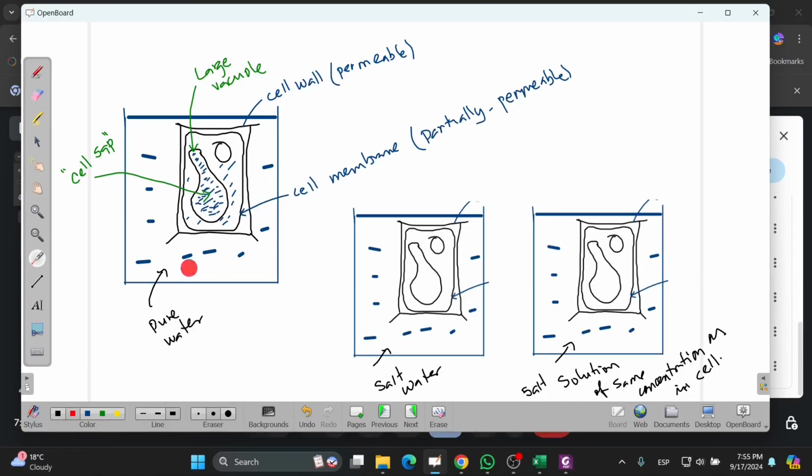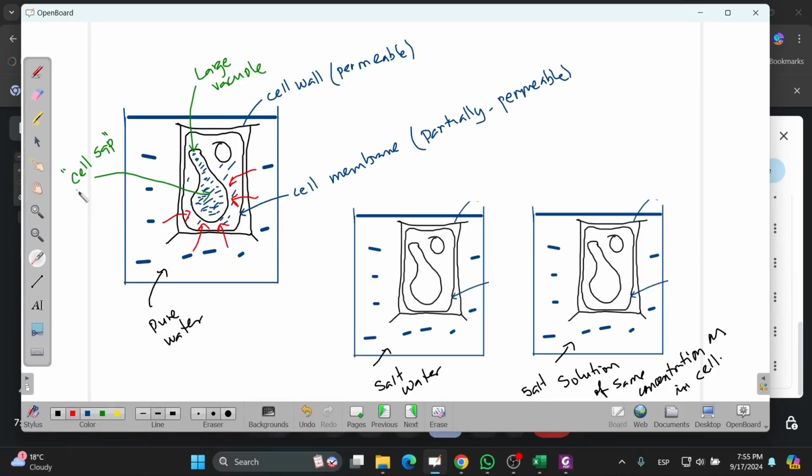So since we have pure water outside, that pure water will be moving into the cell by osmosis, right? And then the vacuole would enlarge, isn't it? It will take up more space, will now be full of water.